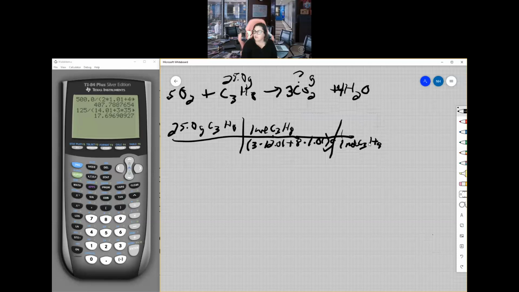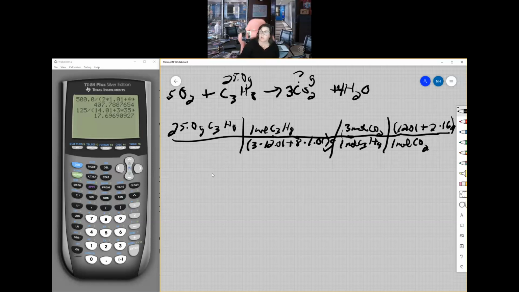H8 here, and that's 3 of CO2. In that 3 moles of CO2, plus 2 times 16 grams.